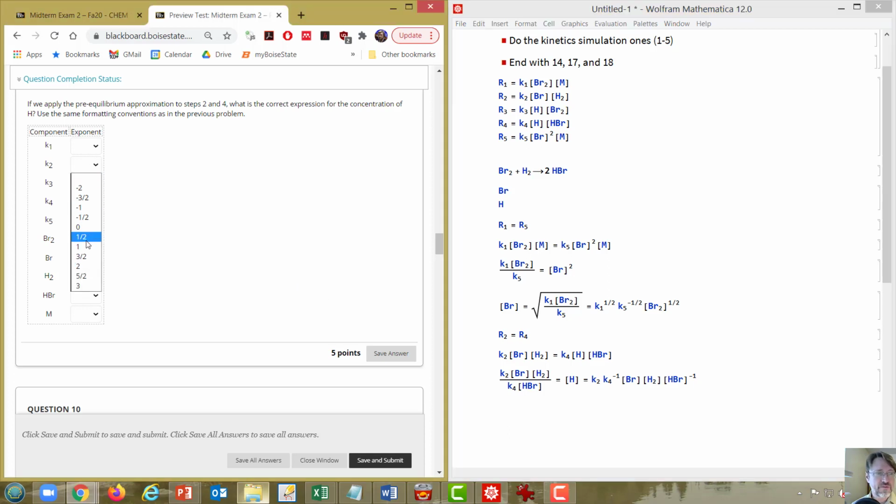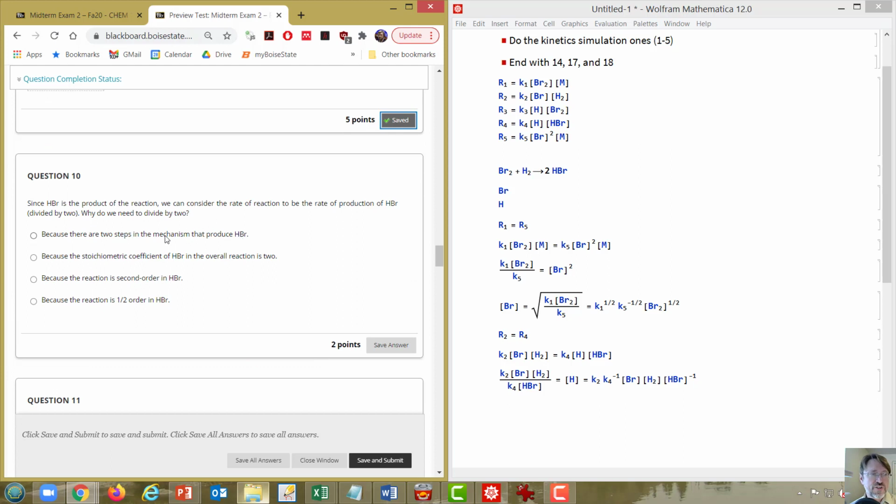K2 is going to be to the first, K4 is going to be to the -1, Br is going to be to the first, H2 is going to be to the first, and HBr is going to be to the -1. Everything else is going to be a 0. Done with that one.